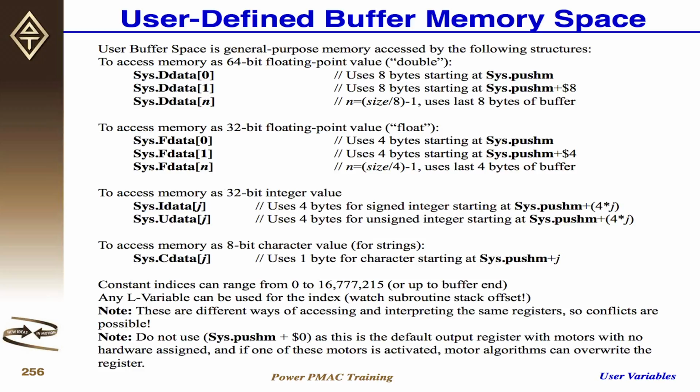Also, you never want to use sys.pushm plus $0. So that would be your index of 0 for these parameters, because PMAC uses that for some motor calculations in some cases. It says here it's the default output register for motors with no hardware assigned.